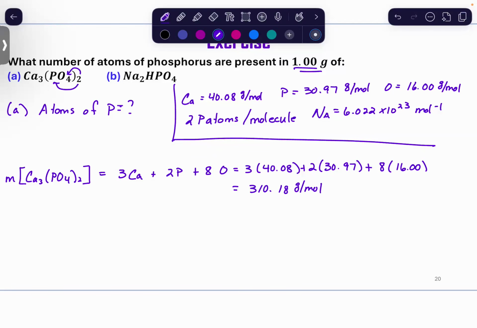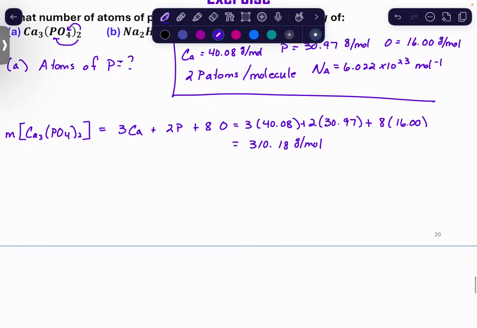So at least in this next assignment, I'm going to want to see you add these up. But then from there on, you can just give me the molar mass of the molecule and use it in your calculations. We won't have to do this every single assignment. I just want to make sure you have the process down.